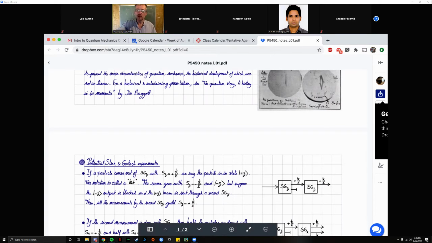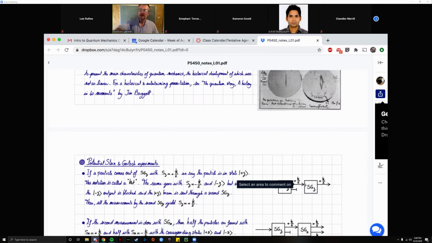And if you were to do that, what you would observe is particles reaching the second Stern and Gerlach apparatus with the angular momentum pointing up. And I'm sure probably you're thinking, well, that's what you expect, because you kept only the particles with an angular momentum pointing up, and you're going to only find particles with angular momentum pointing up. This seems quite expected.